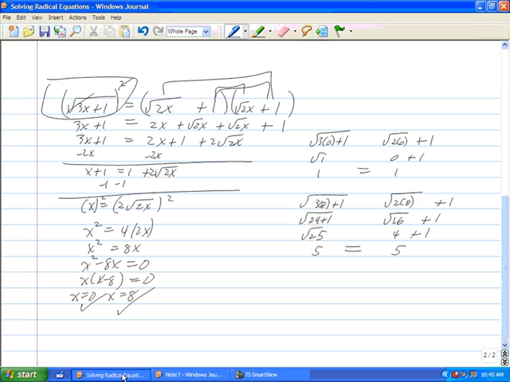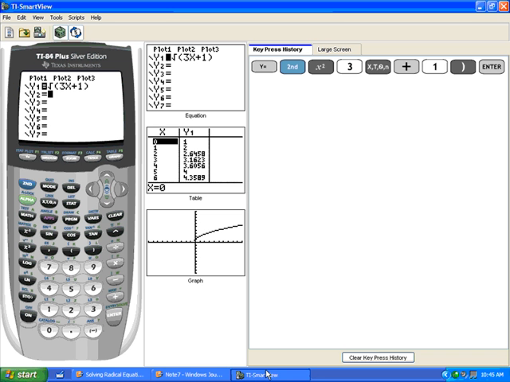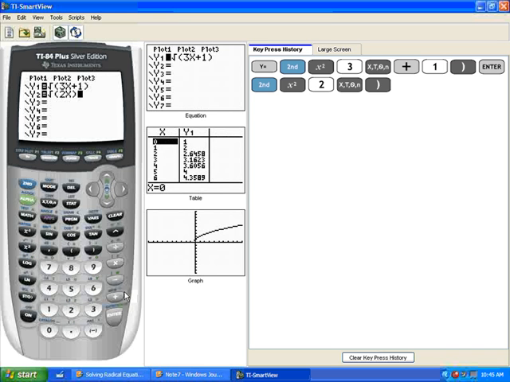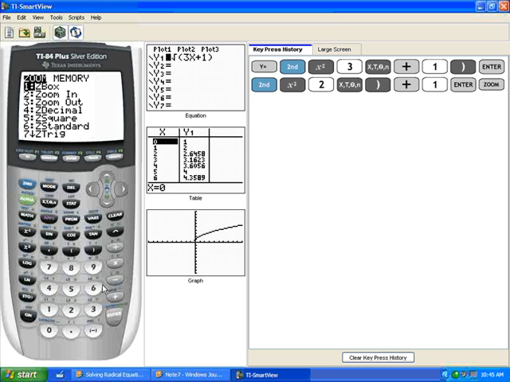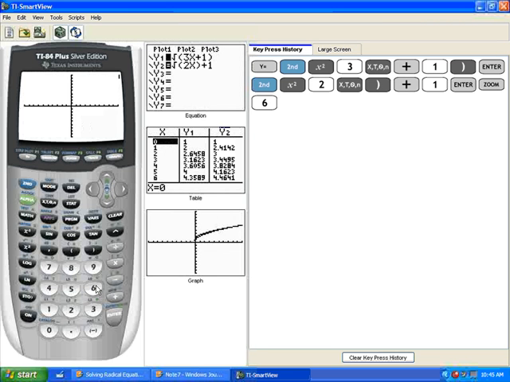Now for the right-hand side, that goes in for my y2. So that was the square root of the 2x, close parentheses, so I can put the plus 1 on the outside. Now, if we graph these two equations, we'll see that the two graphs hit each other.